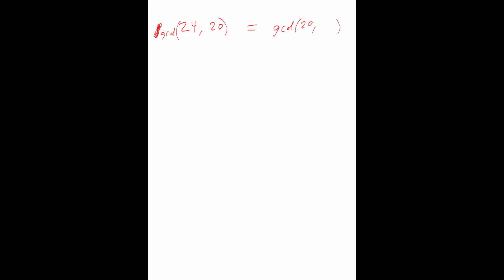So what legally are we allowed to replace the 24 with? So remember we just learned about modular arithmetic, right? We can actually replace the bigger number with the bigger number mod the smaller number.